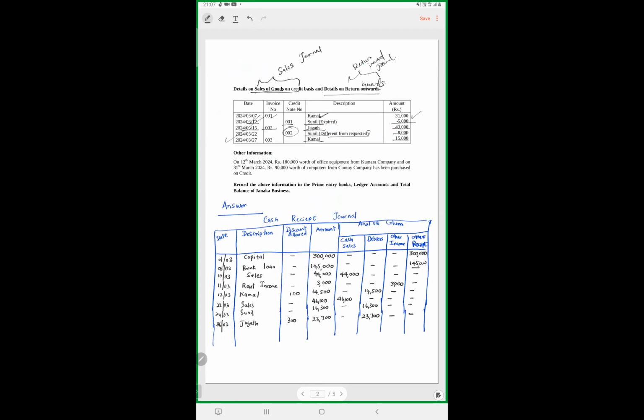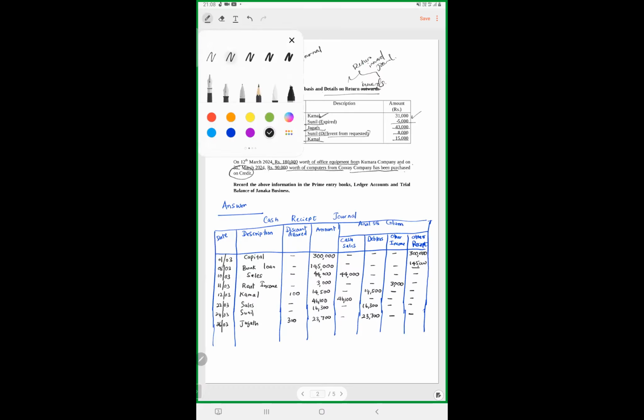Other information. On 12th March 2024, rupees 80,000 worth of office equipment from Kumara Company, and on 31st March 2024, 90,000 worth of computers from Kure Company have been purchased on credit basis. So where do we record it?